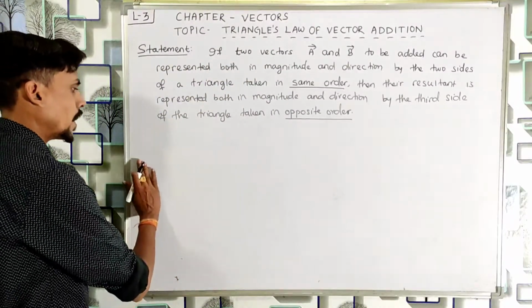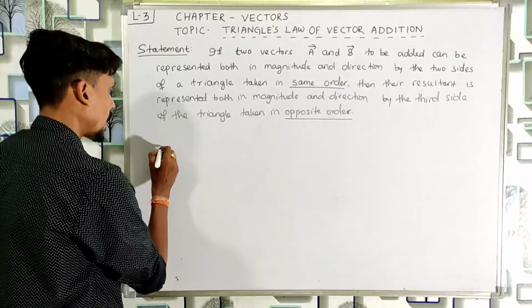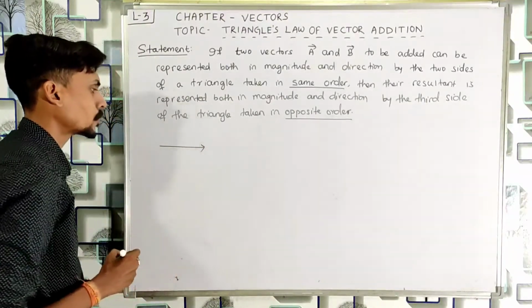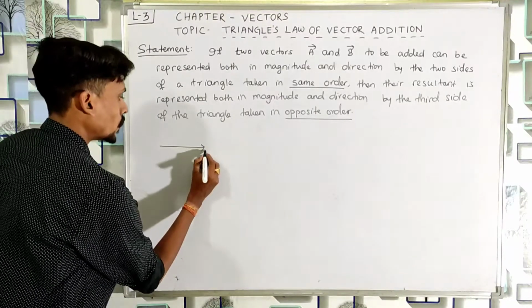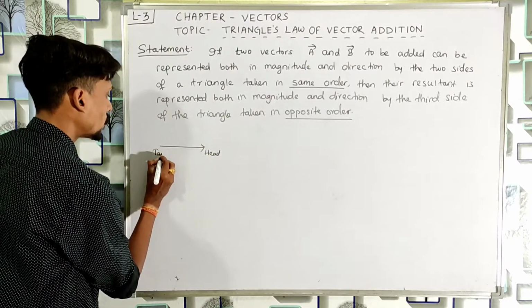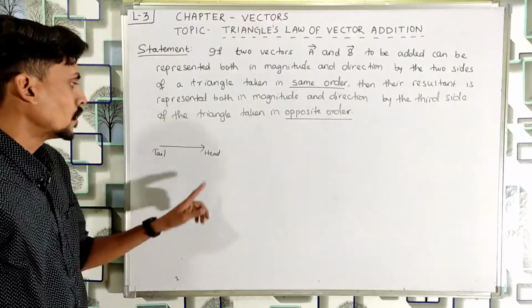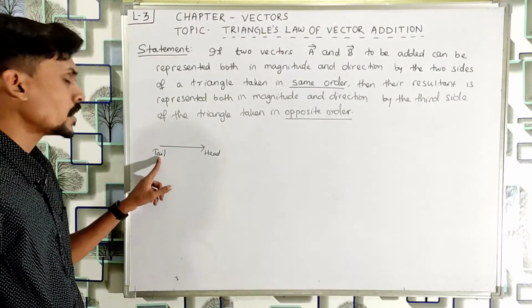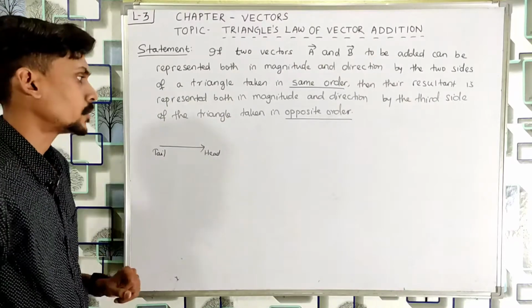We know that every vector quantity can be represented by a straight line with an arrowhead. The arrow mark is known as the head of the vector and the other end is known as the tail of the vector.